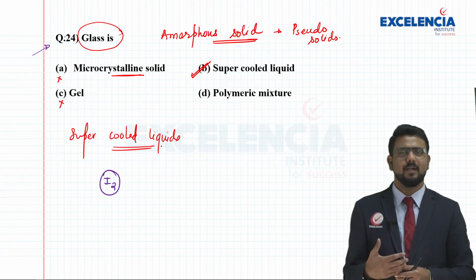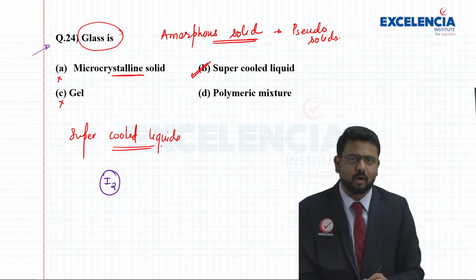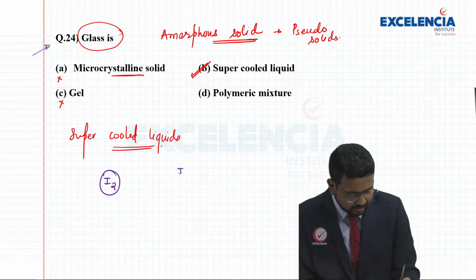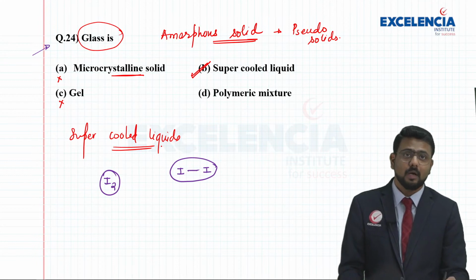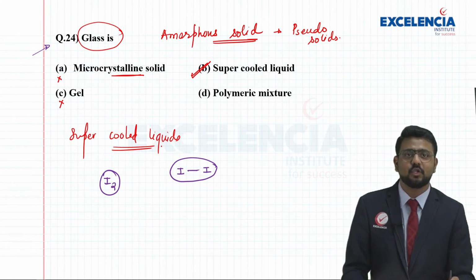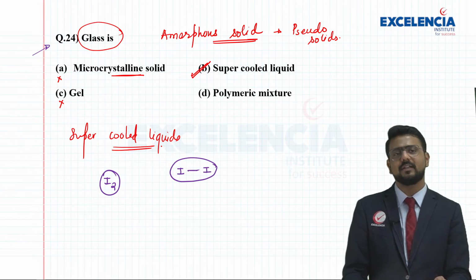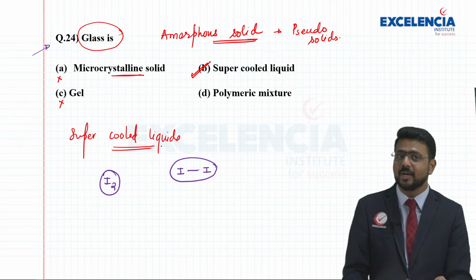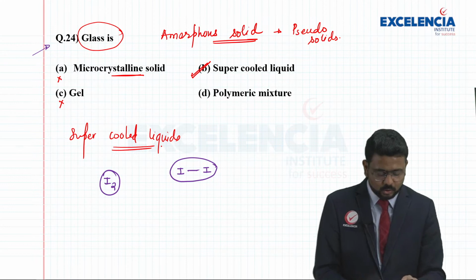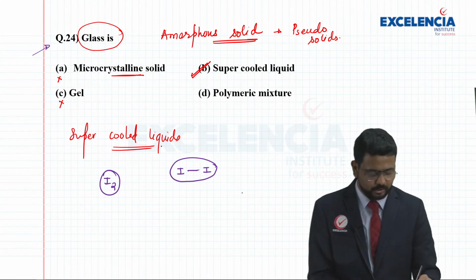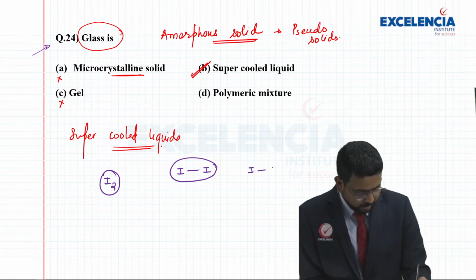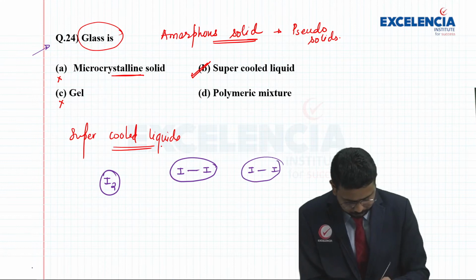Yes or no? So if I consider the iodine molecule, without any doubt, it is having a covalent bond between 2 atoms, right? But we are not looking at the interactions which are existing within the molecule. We are looking at the interactions which are existing between the molecules, right? So if I am saying that this is one I2 molecule, you have another I2 molecule here, right?